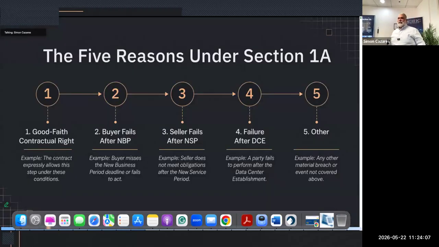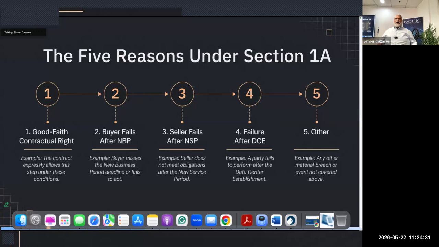The 5 reasons under Section 1A, okay? 1, good faith contractual rights, right? Example, the contract expressly allows steps under these conditions. Buyer fails after the notice to buyer to perform. Buyer missed the new business period deadlines, or failed to act. Seller fails after the notice to seller to perform. Guess what?